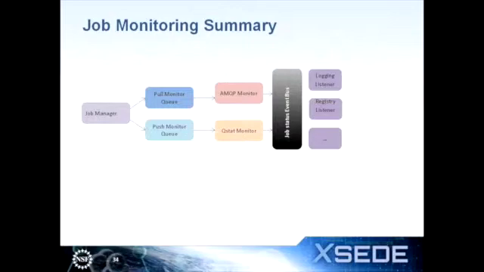If you have a job, you just create the required information and put that job into one of these queues, pull or push. That decision has to be taken by the gateway developer. Once you put a job into one of these queues, these monitors pick each job at a time and start monitoring.